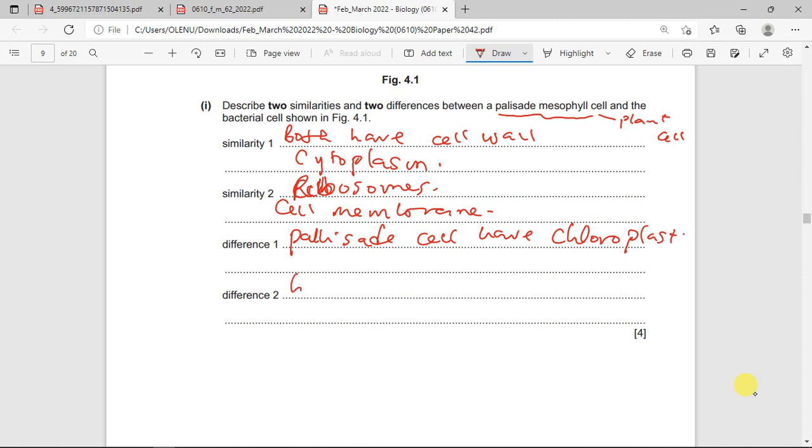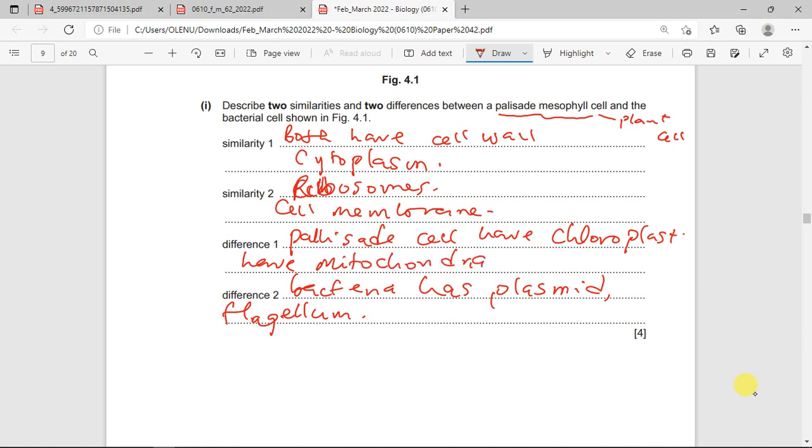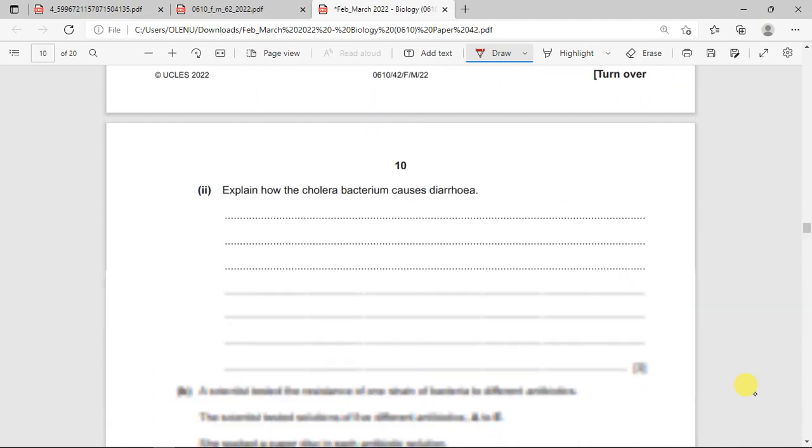Another one is that the bacteria has plasmid and has flagellum. Also, the palisade cell has mitochondria, while this doesn't. So, I think that is cool.